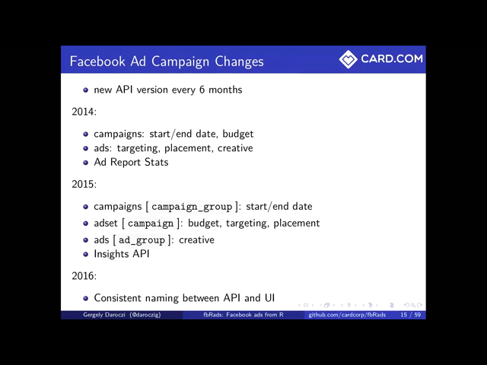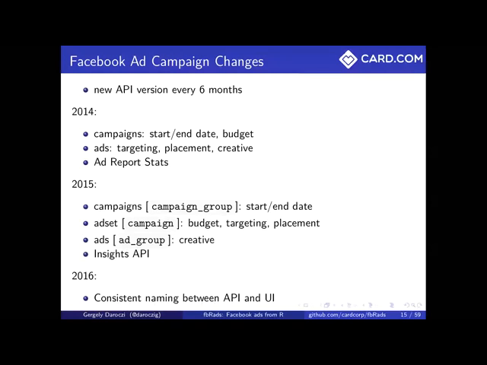For example, in 2014, there were only 2 levels of the ad structure, so there were only campaigns and ads, which changed in 2015 to the 3-level structure that I showed you a few minutes ago. What was strange in 2015 is that the new level called ad set, between the campaigns and ads and used for budget and targeting, was still called campaign at the API endpoint.